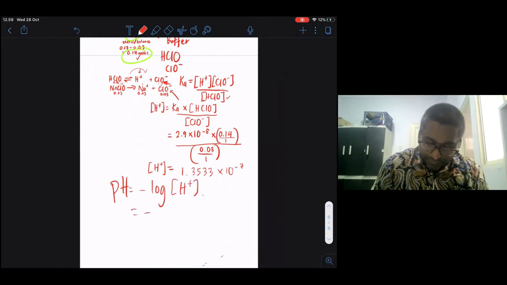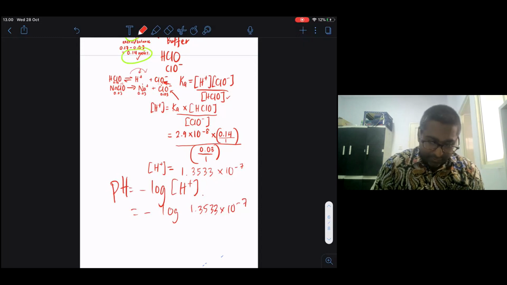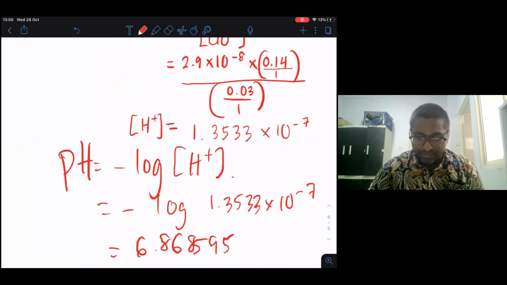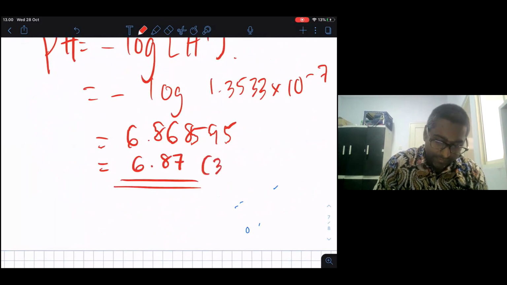So it's negative log 1.3533 times 10 negative 7. If I use the values in my calculator, negative log of the answer, you will get 6.868595 or something. But it is important to simplify that to 6.87, 3 significant figures.